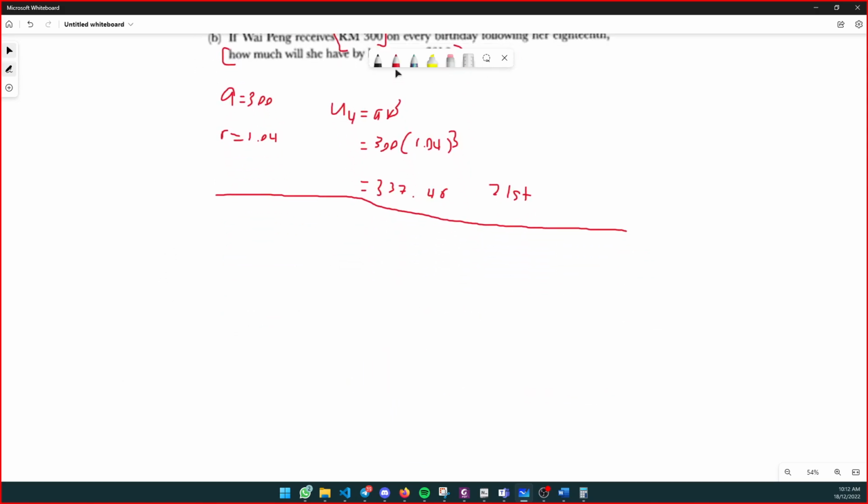Then after 1 year, the balance will be... let's list it out. Can we continue like this, or do it for 1 year first and then use the remaining again? You can use that also, but it's a lot of work.